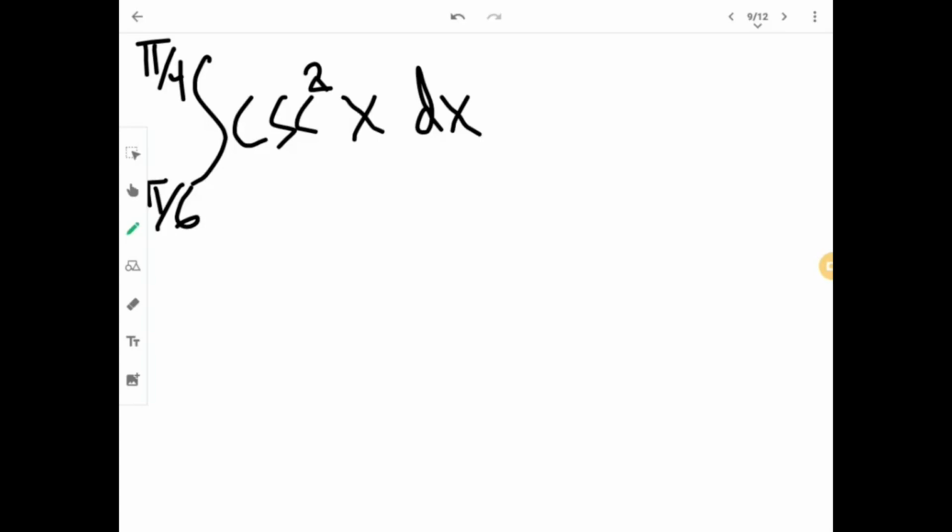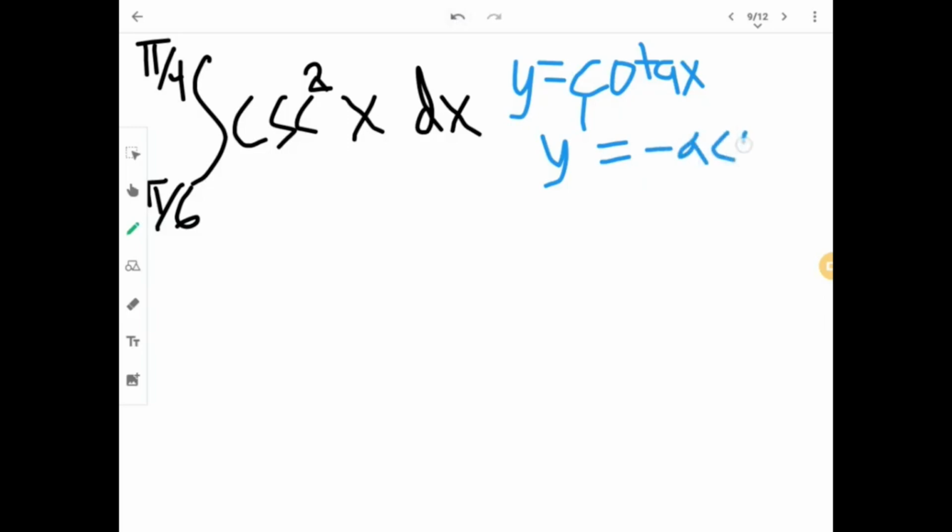For cotangent, if y equals cotangent ax, then y prime equals minus a cosecant squared ax.